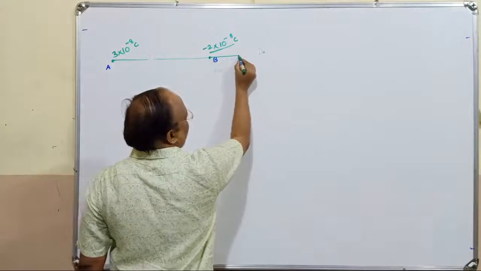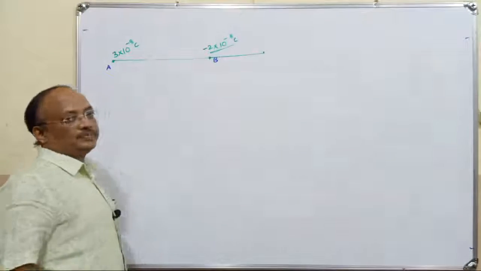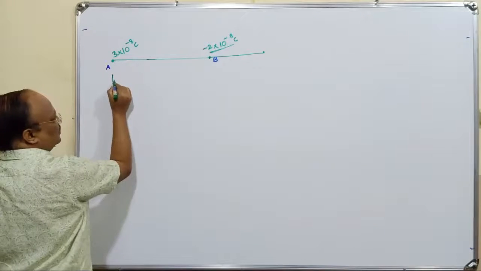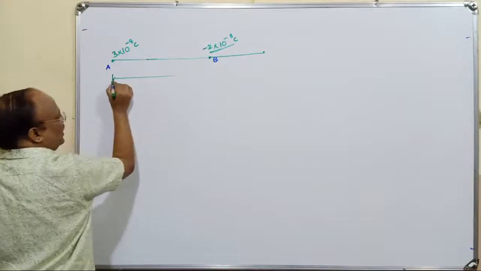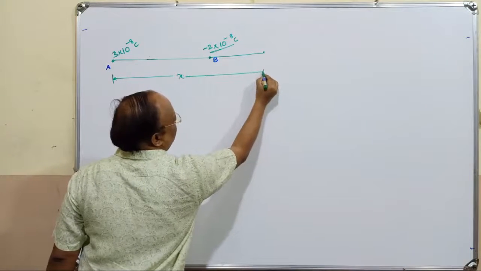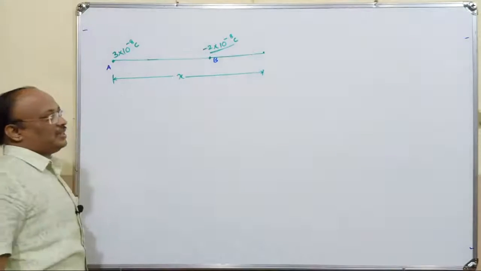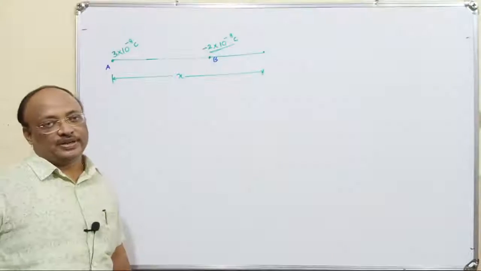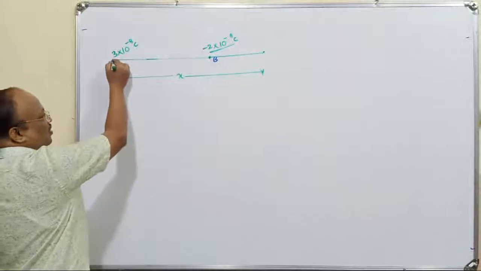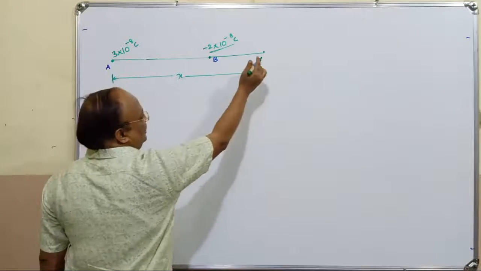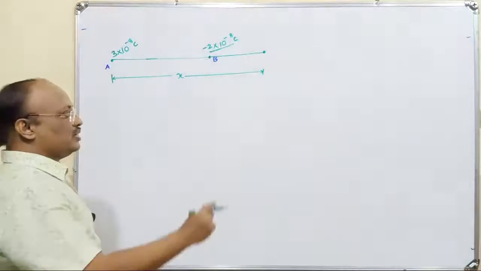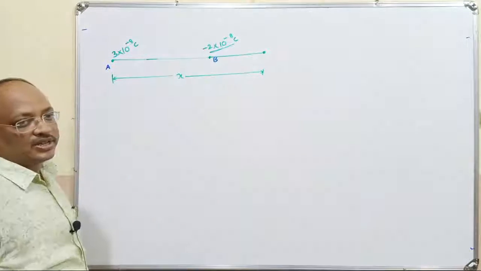So at this point, the point is at a distance of x from point A, the point where you want to know the zero potential.